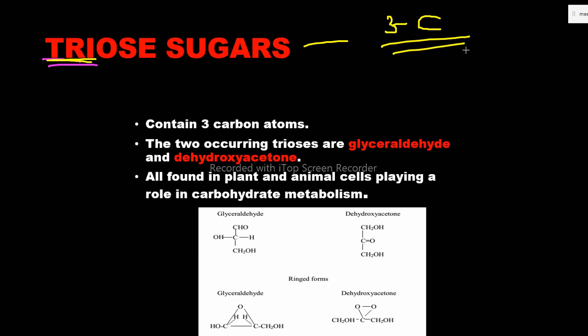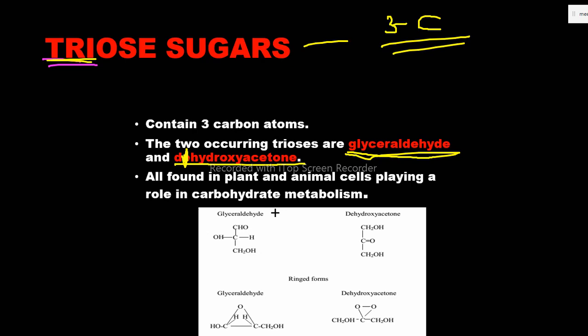We have 2 known examples. The first one is glyceraldehyde, and the second one is dihydroxyacetone. So those are 2 common examples of triose sugars.